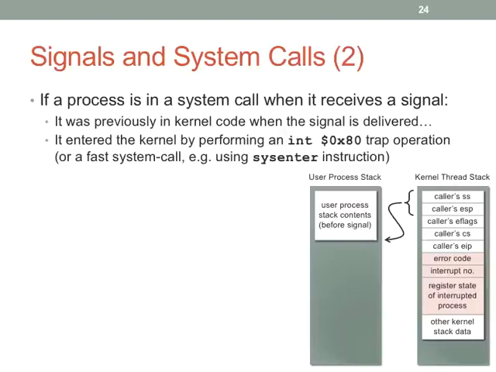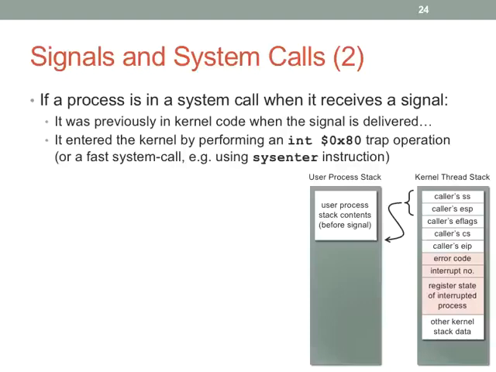Well, it turns out that it's pretty simple, because the kernel can look at why we're in the kernel by looking earlier on the stack, on the kernel stack we're talking about here. So we would see, for example, in the interrupt number field on the kernel thread information, that the interrupt number was hex 80. We were inside of a system call.